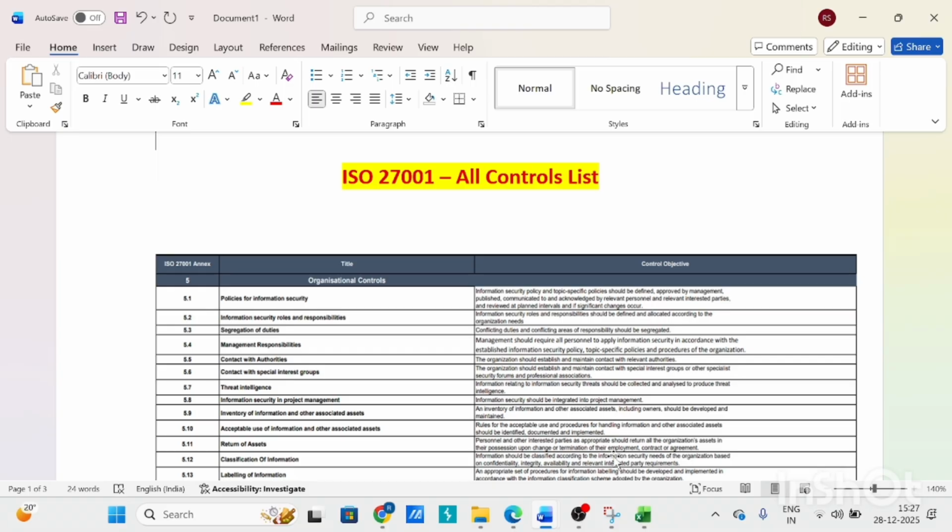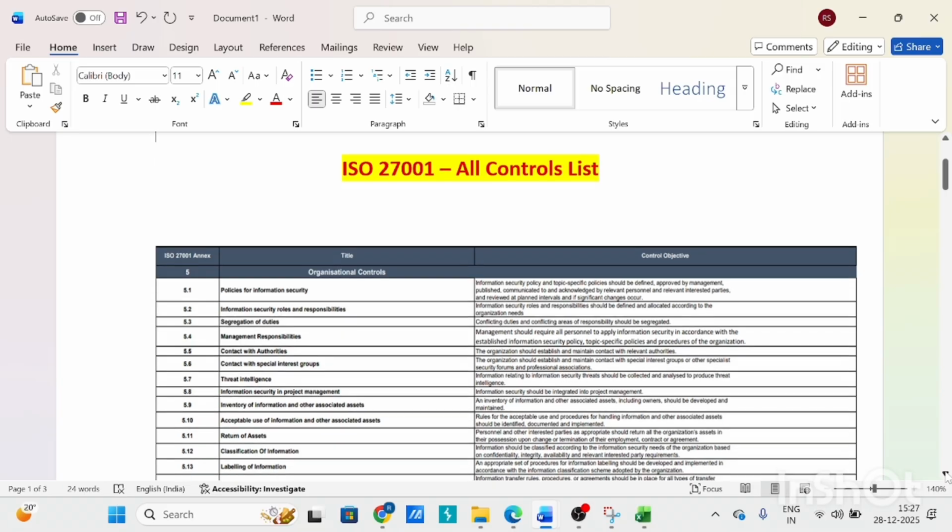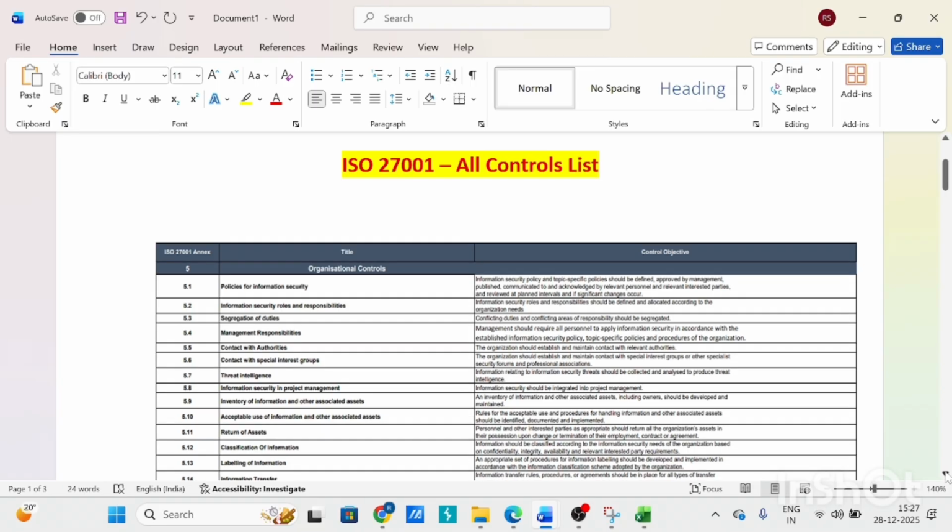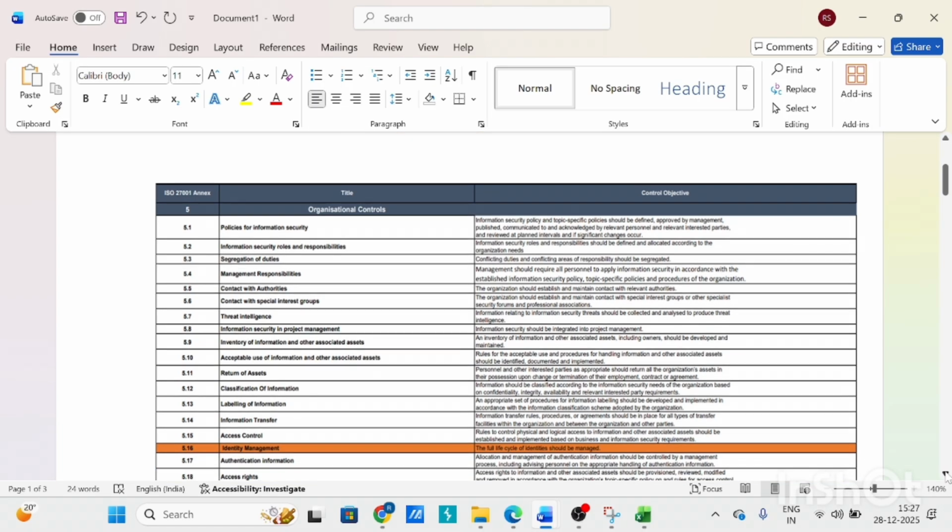5.12 talks about the classification of information, where information should be classified according to the information security needs of the organization, based on confidentiality, integrity, and availability and the relevant interested parties' requirements. 5.13 talks about the labeling of information, where an appropriate set of procedures for information labeling should be developed and implemented in accordance with the information classification scheme adopted by the organization.